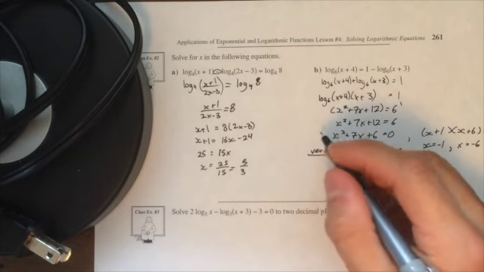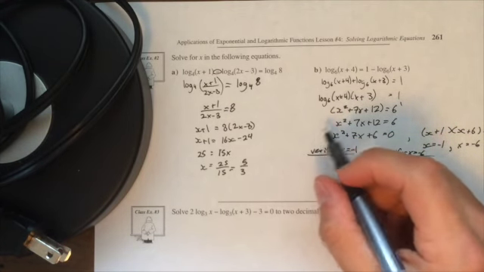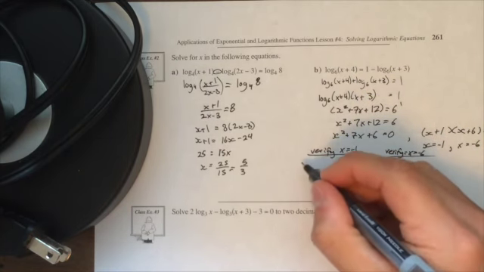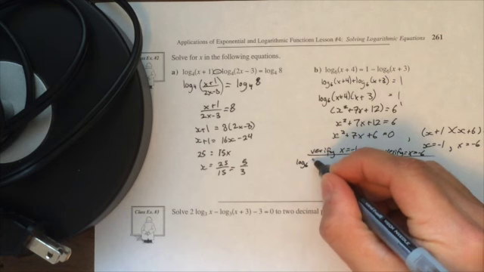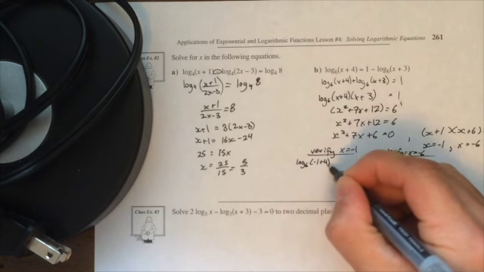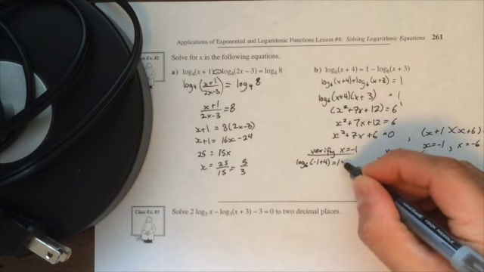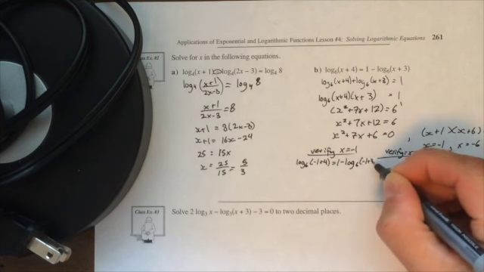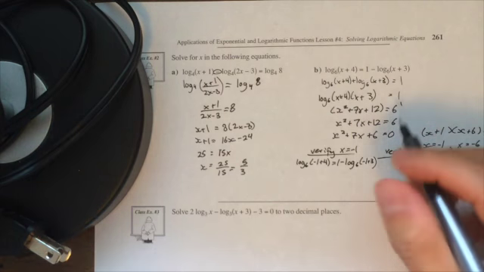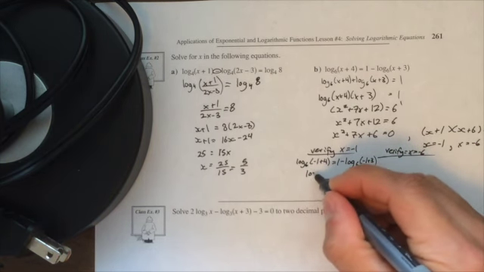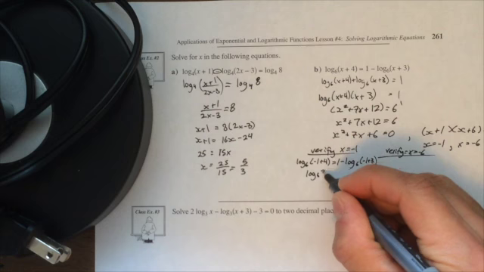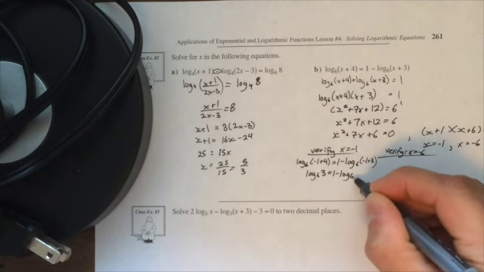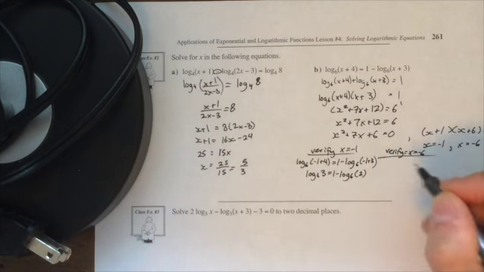All right, so let's do the -1 first. So I have log 6 of -1 plus 4 is equal to 1 minus log 6 of -1 plus 3. And I get log 6 of 3 is equal to 1 minus log 6 of 2.